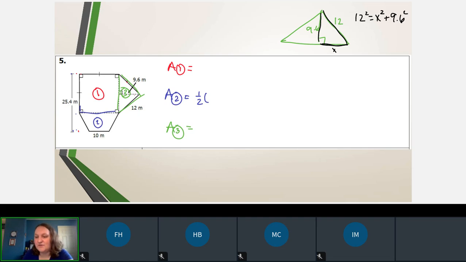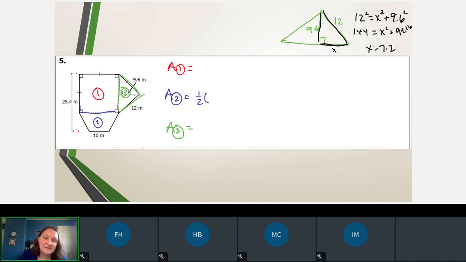When you square 12 squared and 9.6 squared, you get 92.16. Subtract 92.16 from both sides, and then take the square root of both sides. So you get 7.2.